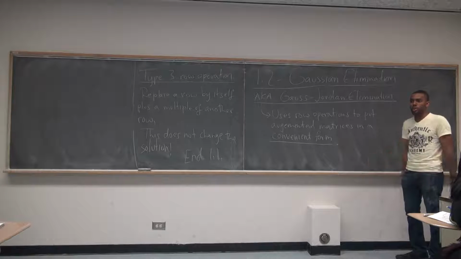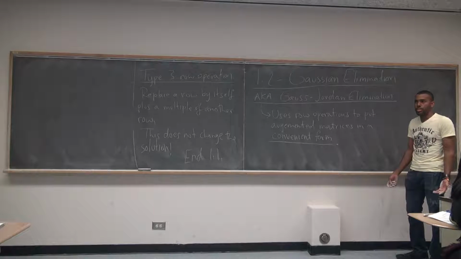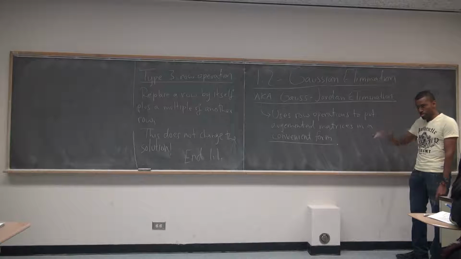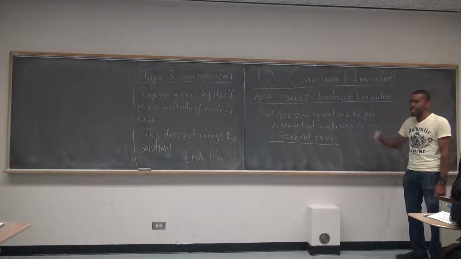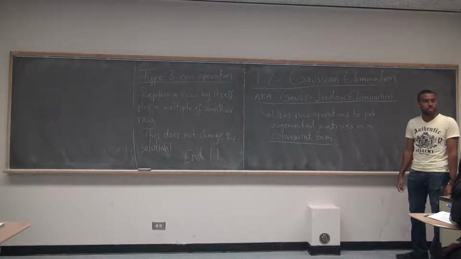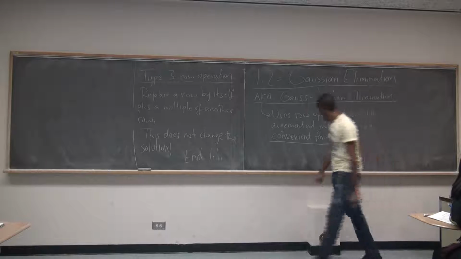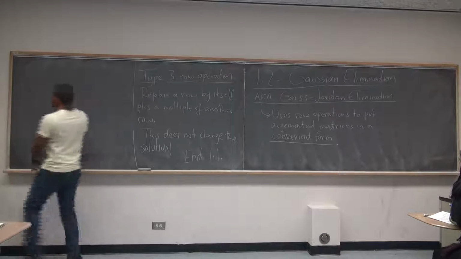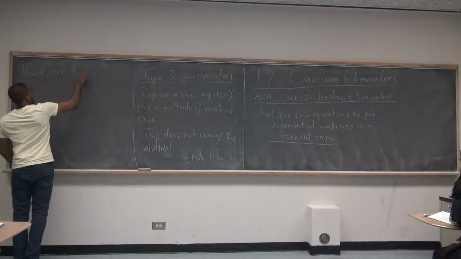I can't program a computer to put this in a convenient form. Okay. What is a convenient form? We have to come up with a definition that I can put in a program, so the computer can do this. If you hit here, this is called a convenient form, right? These forms have names. There are two convenient forms.